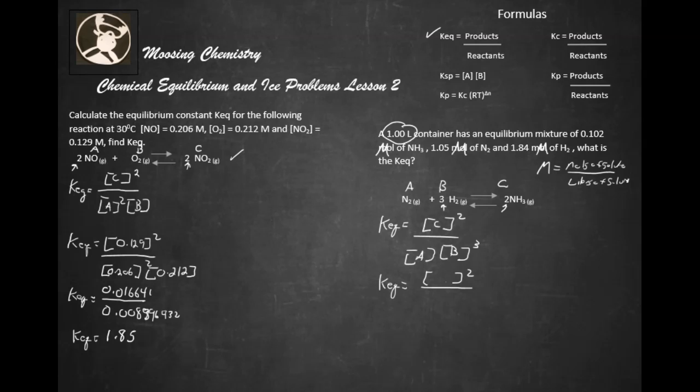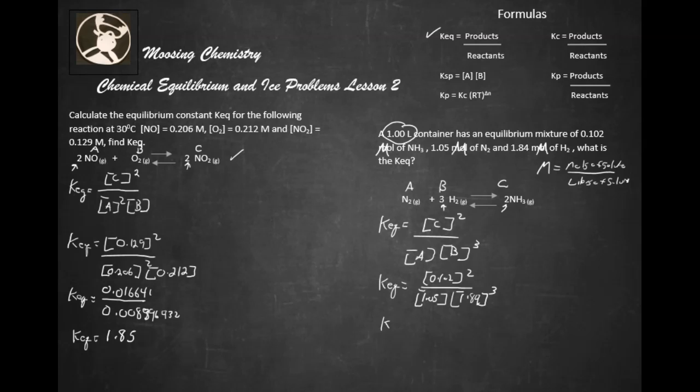Let me fix that real quick. Not a big deal. Our NH3 is 0.102. And then, of course, our N2, our A value, is going to be 1.05, times the cube of 1.84. I had to cube that.